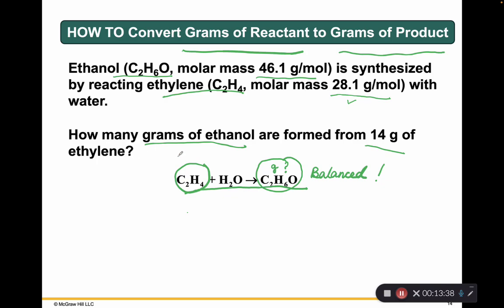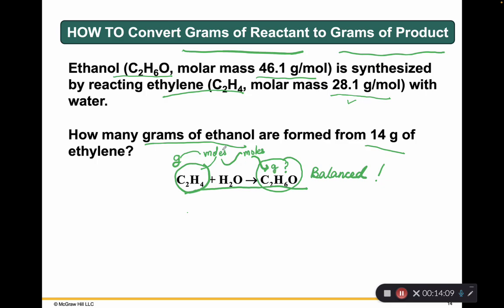We are given the grams of reactant, right? We can convert that grams into moles. From the moles of our reactant, we can get the moles of our product. We just learned how to do that in the earlier slide. And once we have the moles of product, we can get the grams of our product. We are using several conversion factors here.